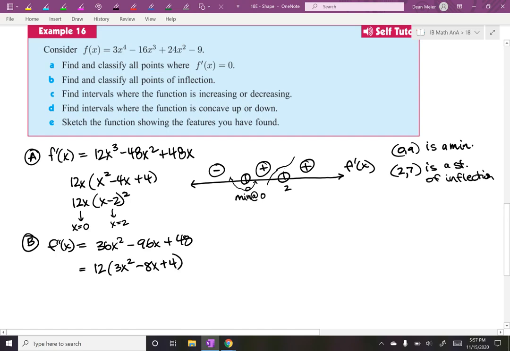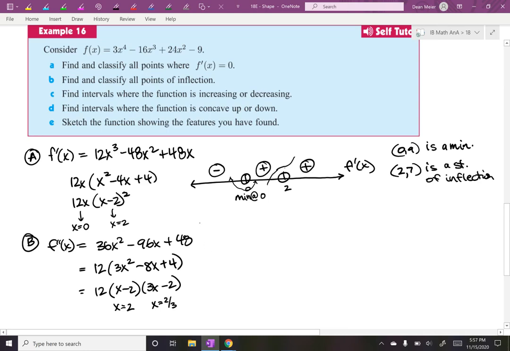And now when I set it equal to 0, the 12 is not going to have any effect. However, when I factor the other part, that will factor out to x minus 2 and 3x minus 2. So on the second derivative, x equals 2 is a critical point. x equals 2/3 is a critical point.